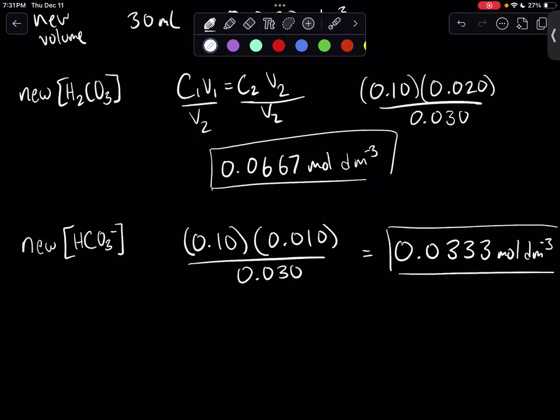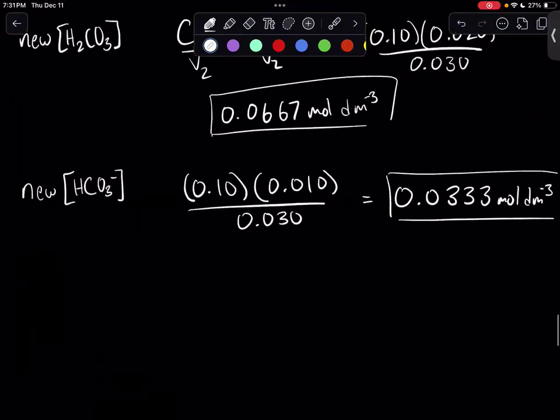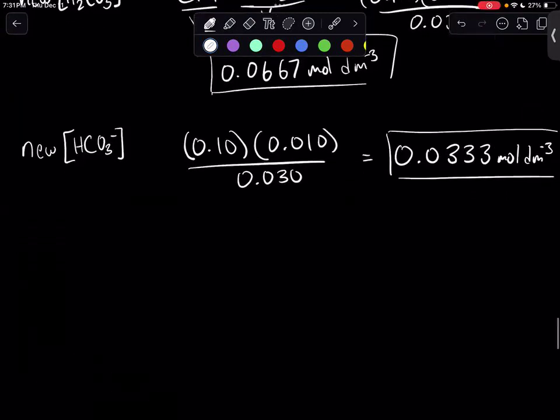All right, those are our concentrations. And now we can actually begin our ice table. So I'm going to go ahead and write our equation for this acidic buffer. H2CO3 dissociates into H plus and hydrogen carbonate.